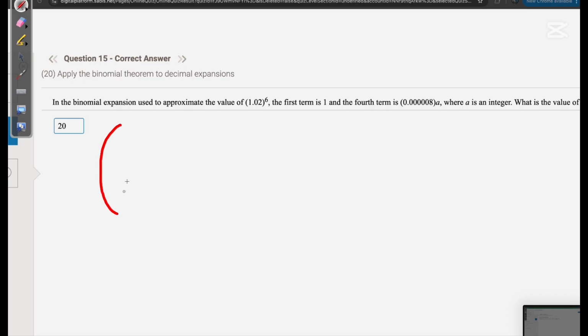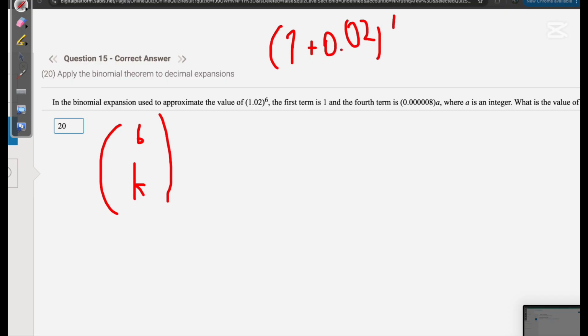So 6ck. First of all, we're gonna have to split it, so 1 plus 0.02 to the 6. So 1 plus 0.02 to the 6. And then they want the fourth term.